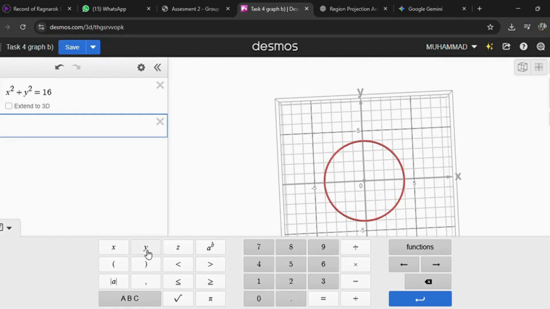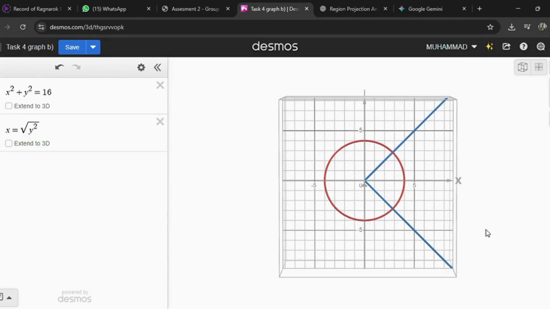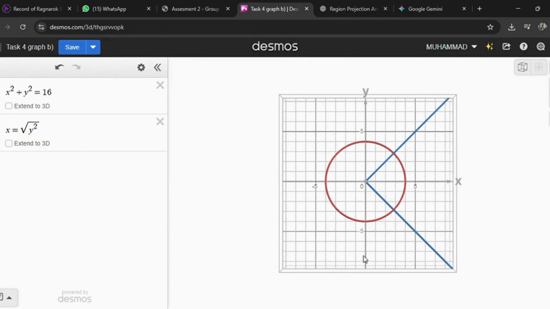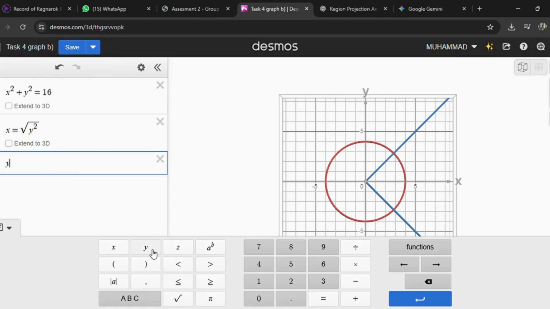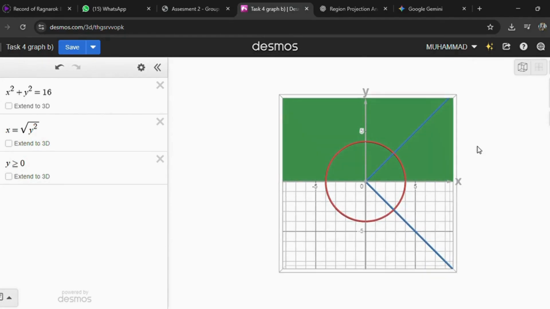We remove the z, which is x equals square root of y squared. This is the triangle that we get. Then we put the plane, which is y more than or equal to 0. Now we know that the upper part is the shaded area, which is the green area.